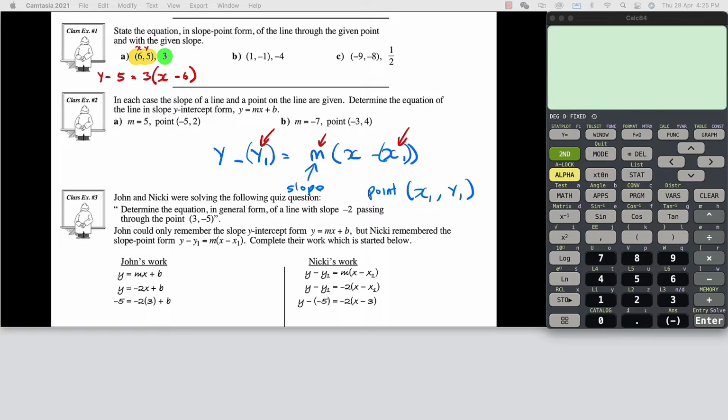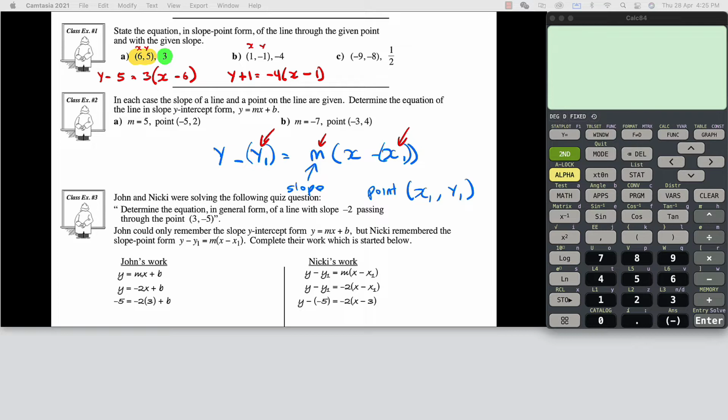Let's move on to the second one. This is x and y. Notice that y is a negative 1, so this can be y minus negative 1. When we go y minus negative 1, that becomes y plus 1 equals the slope, negative 4, bracket, x minus 1, and that is all done.